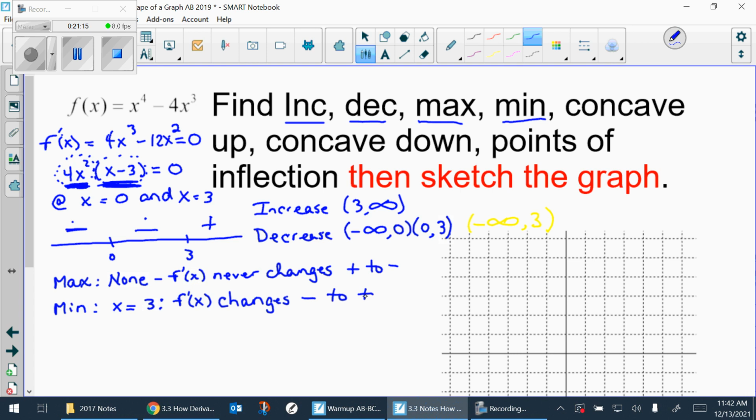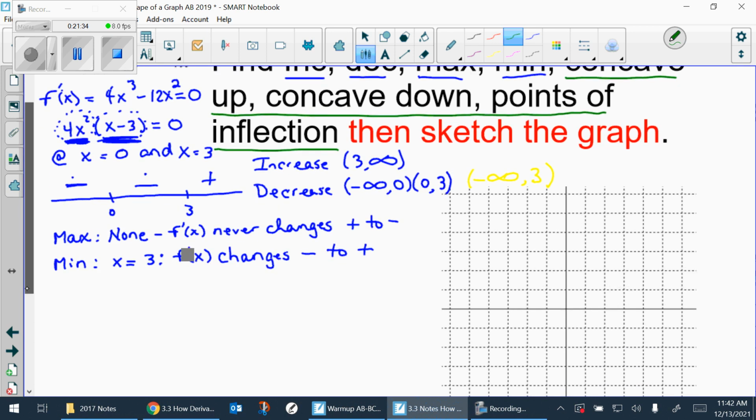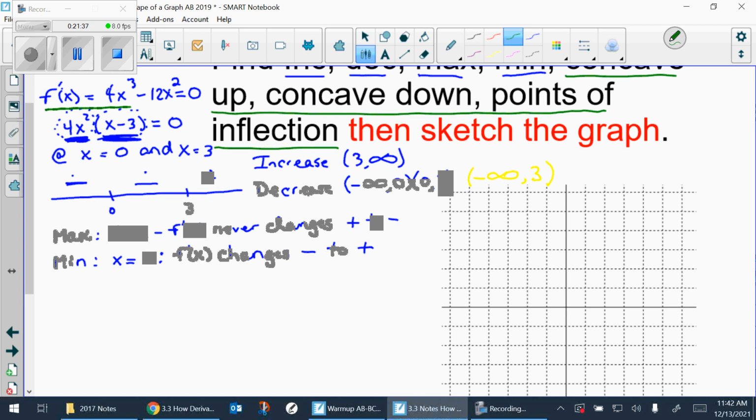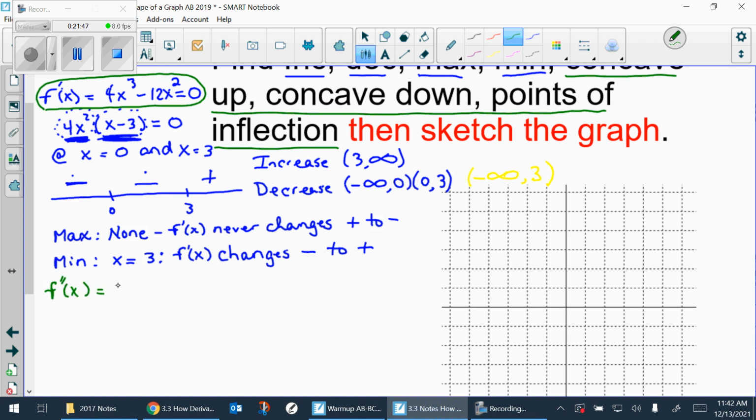All right. We've done it, we've done it, we've done it, and we've done it. But if we want to know something about concave up, concave down, points of inflection, those are all dependent upon the second derivative. So let's start talking about the second derivative. Here's my derivative up here. So the second derivative, f double prime of x, is going to be equal to 12x squared minus 24x.